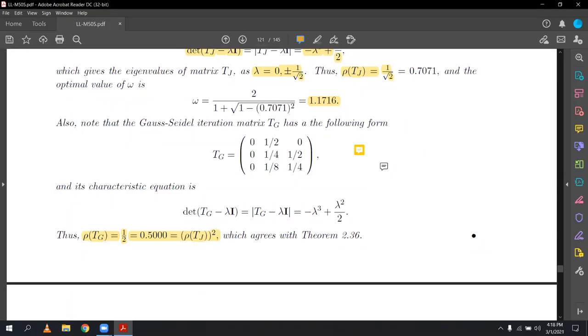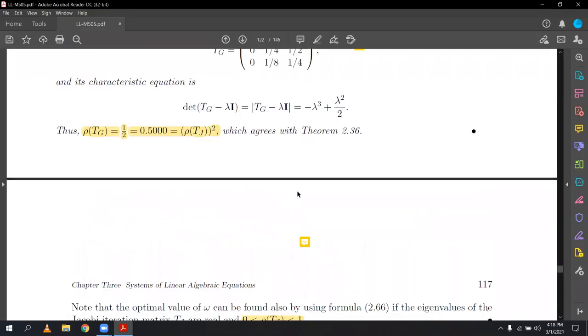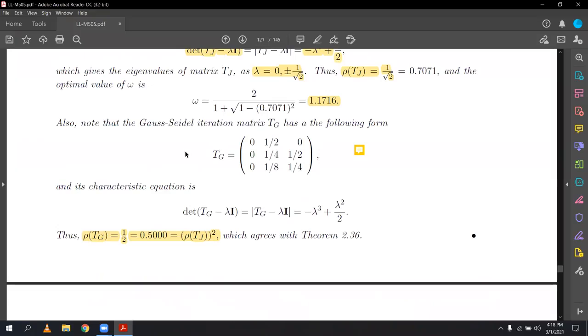But you can also use this if it is not positive definite, not tridiagonal, but this happened: if the spectral radius of Tj is between 0 and 1, then you can use this one also here.